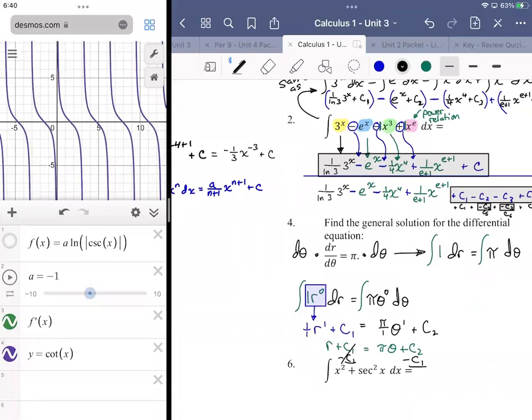But on the right-hand side, they're not guaranteed to be the same number. But I do know I'm going to get some constant as a result. It is possible that constant could be 0, if C1 and C2 are the same, but it could also be any other constant. So plus C.